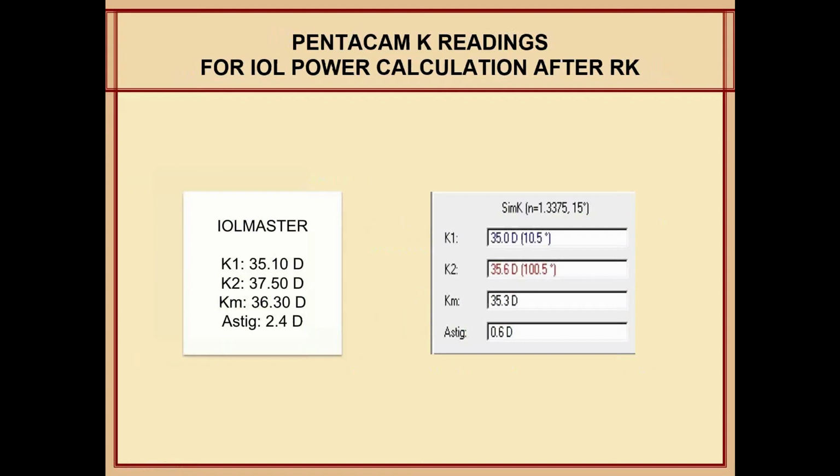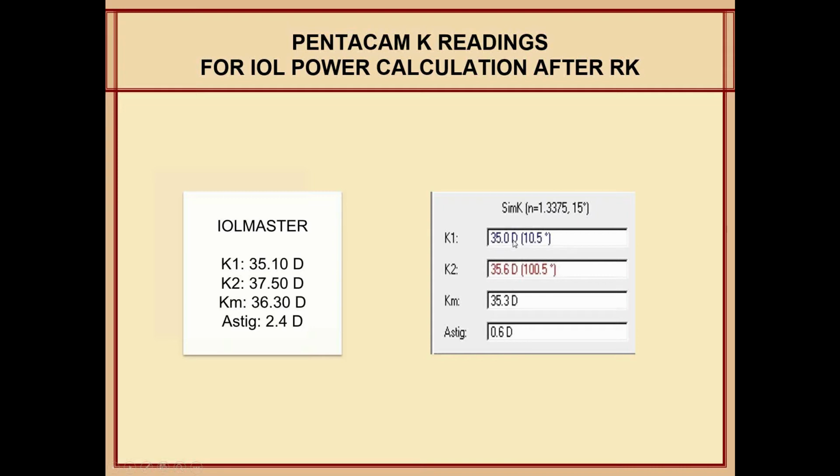Let me show you an example how the Pentacam did help me on one. This is an actual case from my cases. This is a patient after RK, and the IOL Master gave me 2.4 diopters of astigmatism. I got excited to put a toric implant to correct it, and the average K was 36.3 on the case.